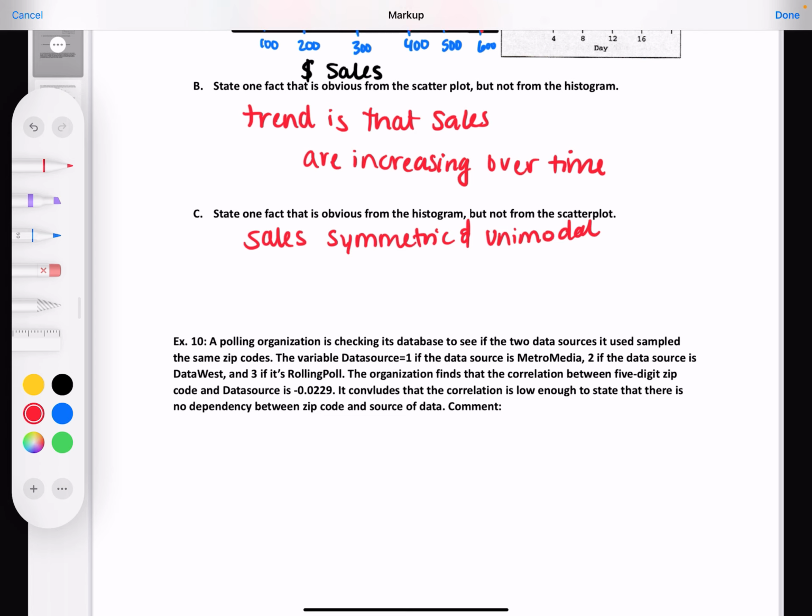The organization finds that the correlation between 5-digit zip codes and data source is minus 0.0229. It concludes that the correlation is low enough to state that there is no dependency between zip code and source of data. Comment about this.